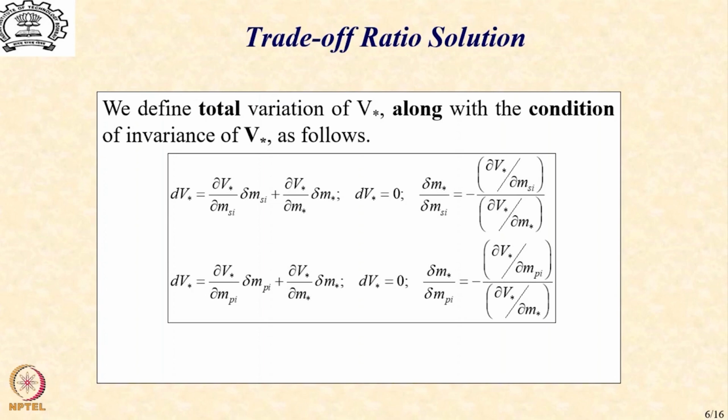We now repeat this exercise for the MPI, and we similarly find that the sensitivity of M star with respect to MPI is again the negative of the ratio of the two partial derivatives of V star, in the numerator with respect to MPI and in the denominator with respect to M star.